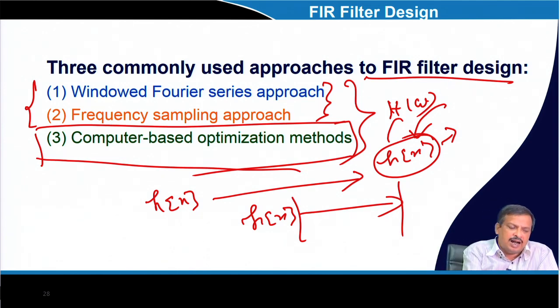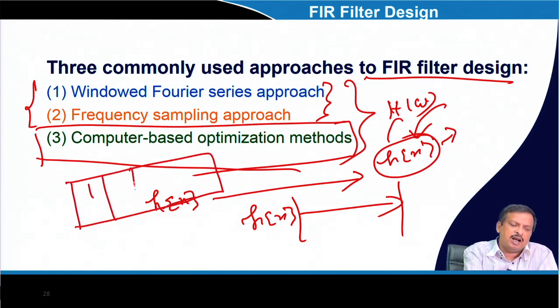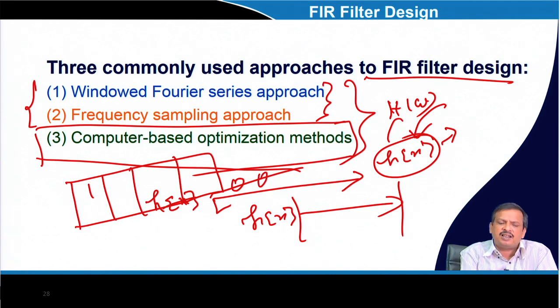That means I have to design a window which has coefficients up to a length, let us say L, which is the length of the filter, and after that its coefficients are 0.